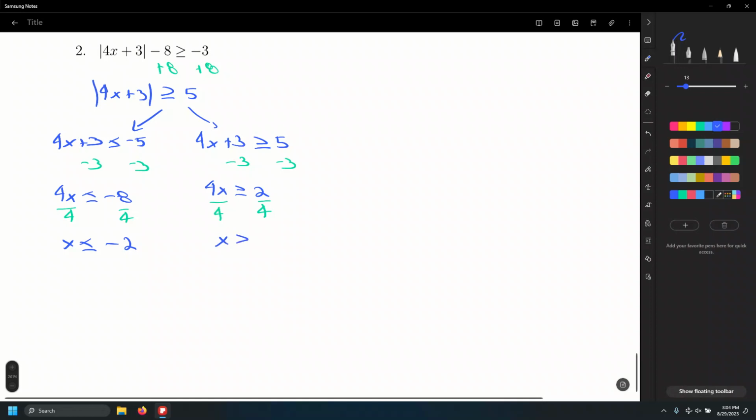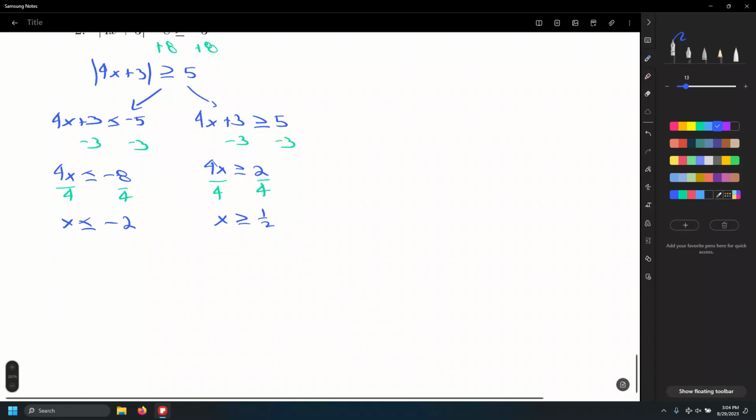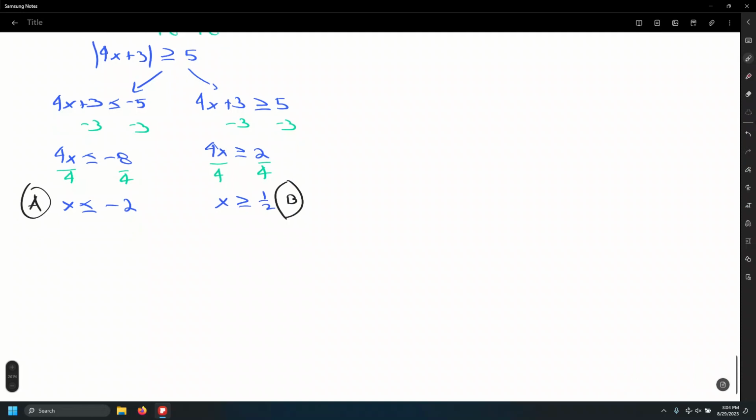And that's x greater than or equal to 1/2. All right, so two results. So far, so good. Maybe some of you tried this one during the break. So, okay. Now, again, let's label these two sets, set A, set B. And let's plot these two sets.